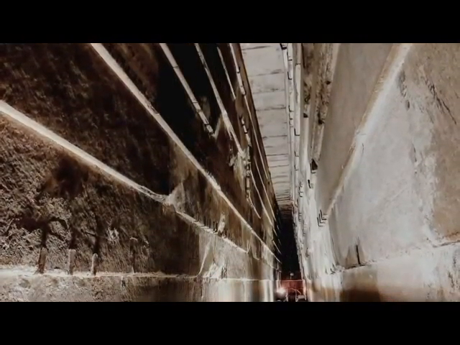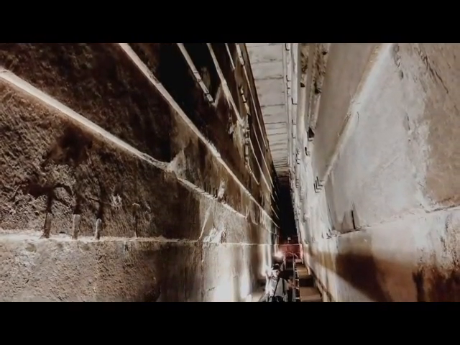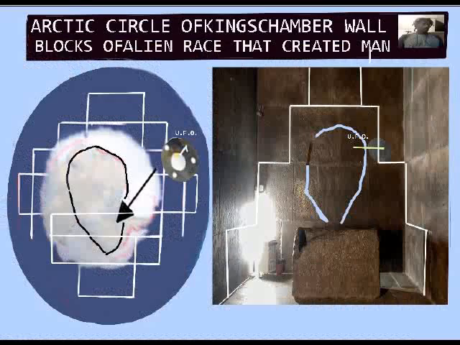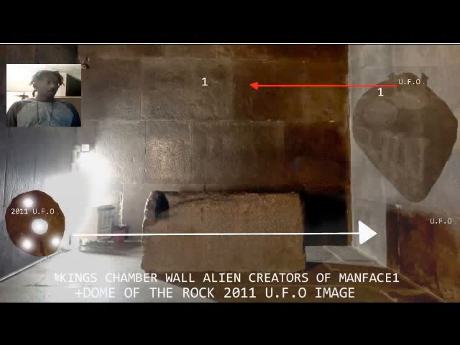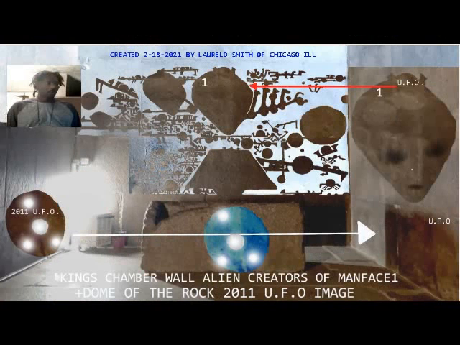Well, Laurel Smith of Chicago, Illinois, finally decodes the Giza Pyramid King's Chamber wall, elongated headed alien creator of man, phase 1 and 3, right above the Giza Sphinx, above the coffer area on the King's Chamber wall. So the UFO image that appears next to alien 1 and 3 face has the name of Allah.